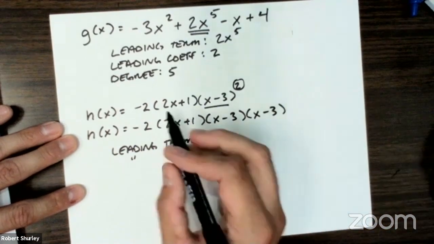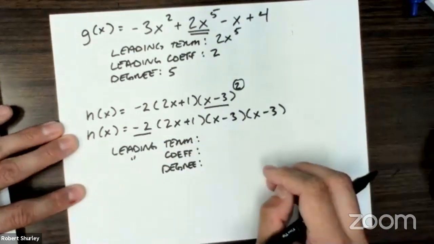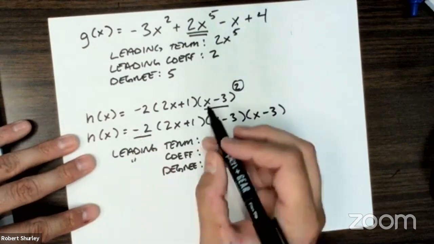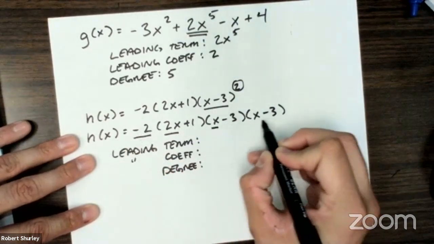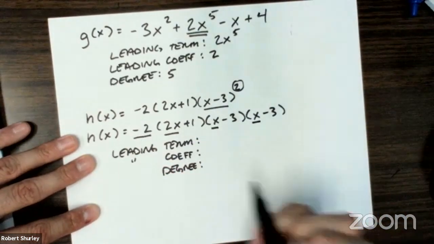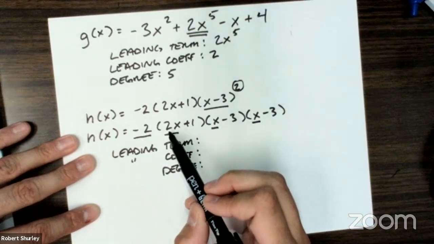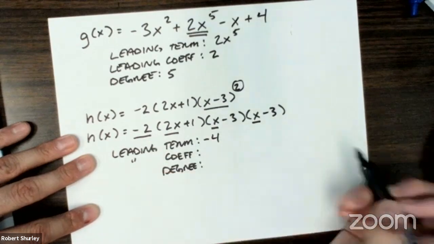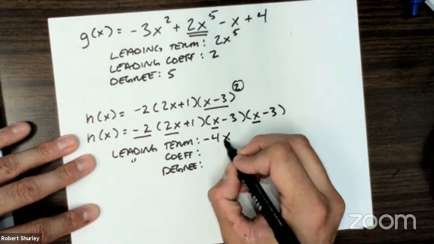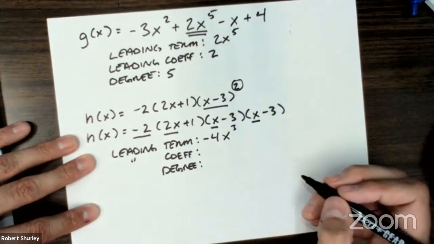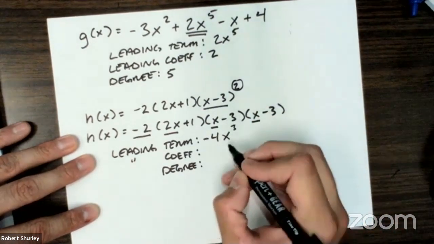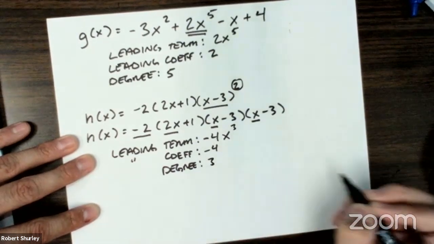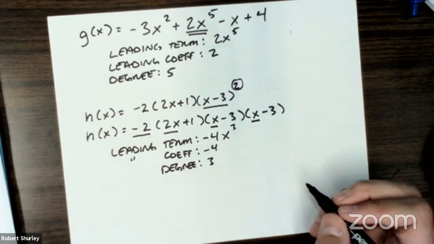And then to get the leading term, if we have any kind of coefficient out here, like negative 2, the previous one we had 2x, we're going to multiply that times each of the degree terms inside the polynomials. So negative 2 times 2x times x times x. So you would get negative 4, negative 2 times 2, and then we've got 3 x's, so x cubed, okay? The leading coefficient will be negative 4, and then the degree is going to be 3, okay? The degree is going to be 3.